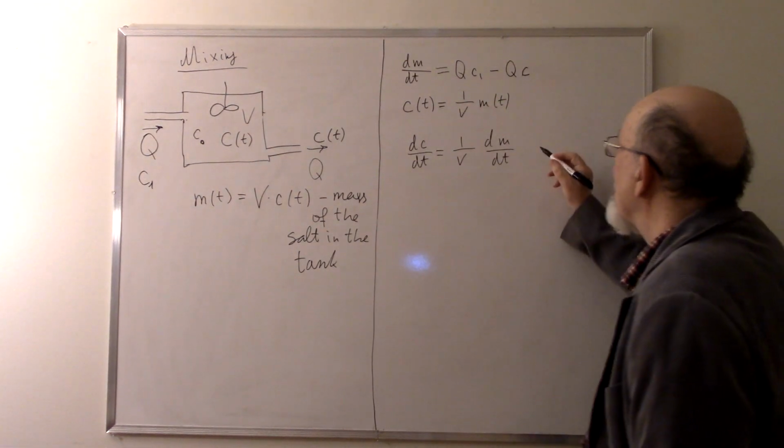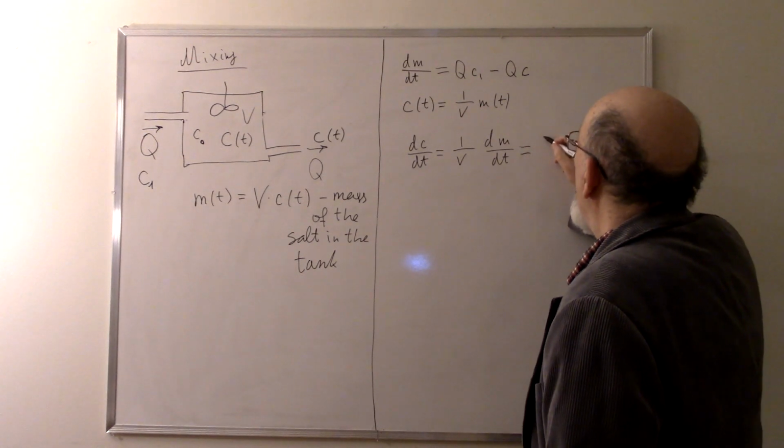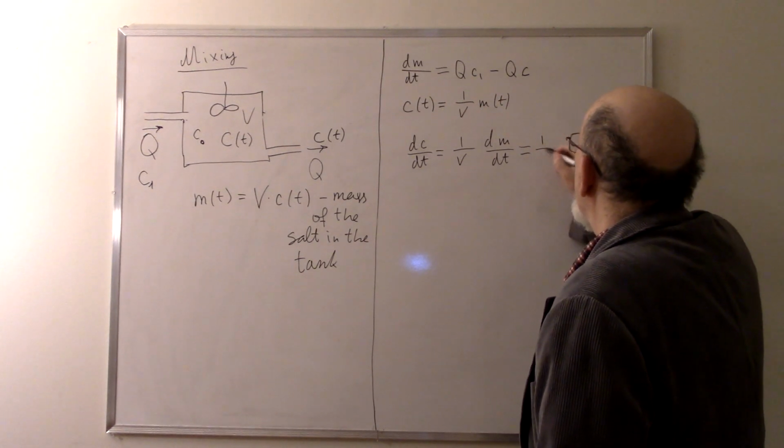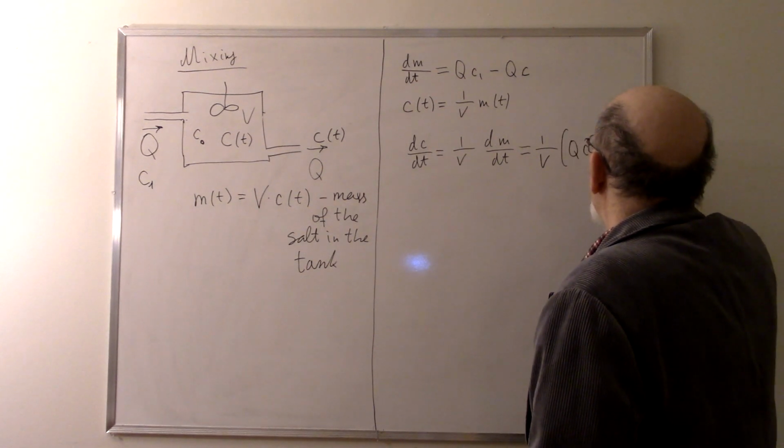Because V is constant. Equals 1 over V times (Q C1 minus Q C).